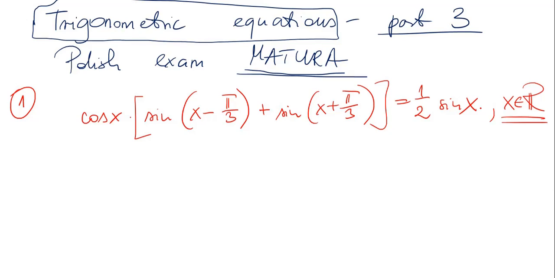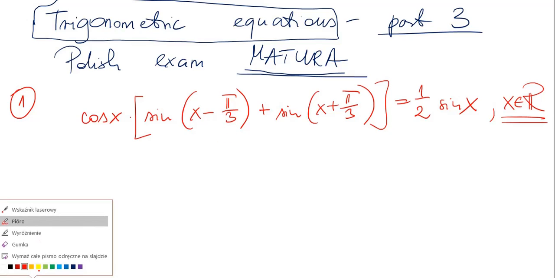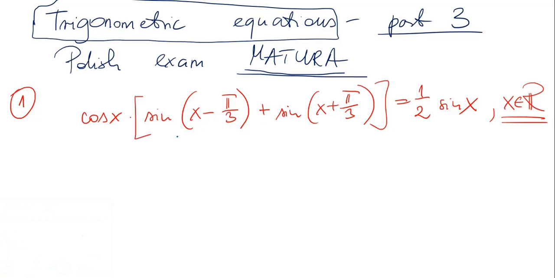As you remember, in the first video I showed you quite a lot of formulas from trigonometry, and one of them is the formula for the sum of sines. So we have sine of one angle plus sine of a second angle, and then we have a formula. We are going to use this formula here: sine alpha plus sine of another angle beta.